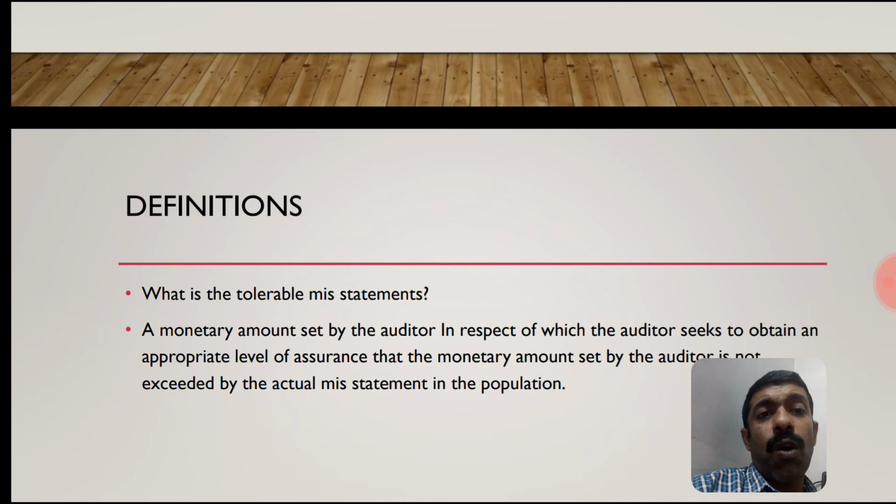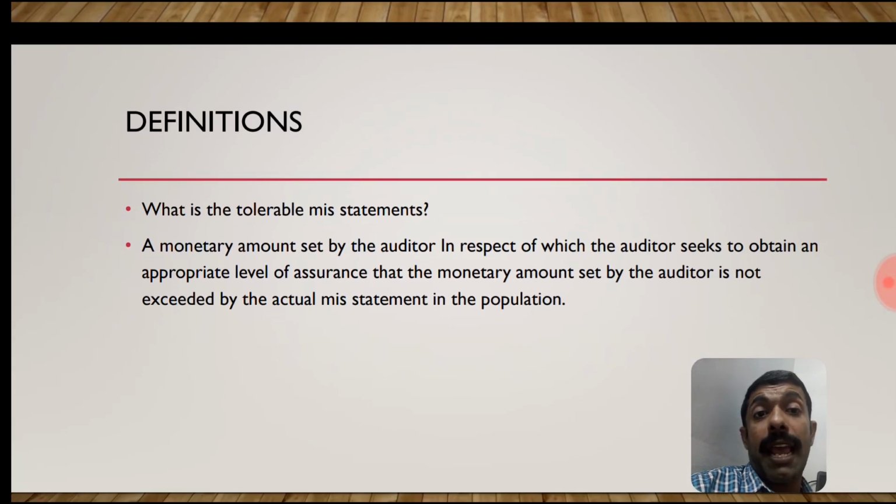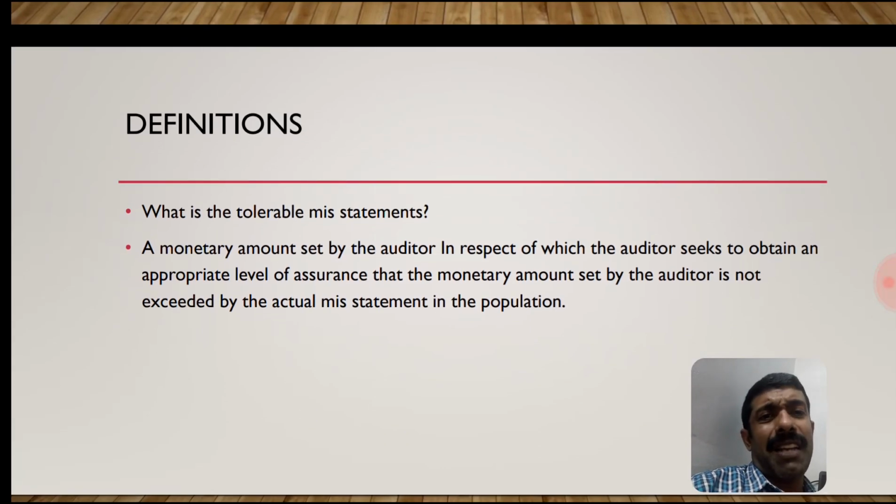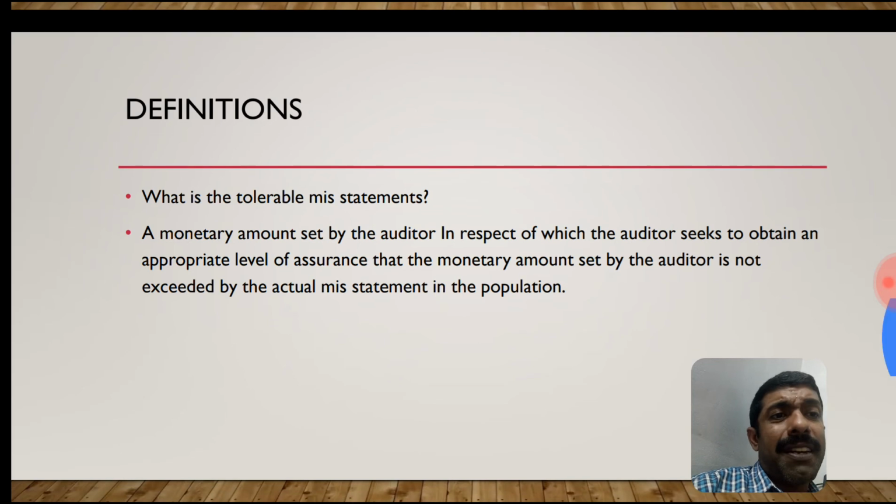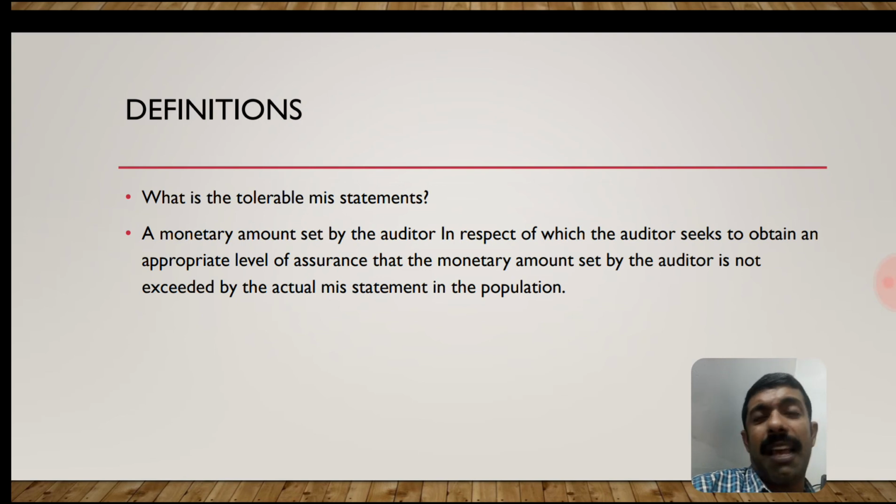What is the tolerable misstatement? Important area. A monetary amount set by the auditor in respect of which the auditor seeks to obtain an appropriate level of assurance that the monetary amount set by the auditor is not exceeded by the actual misstatement in the population.